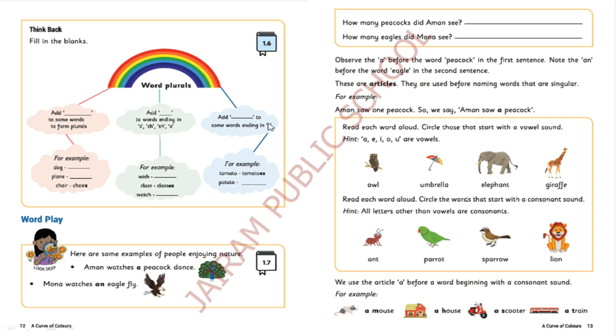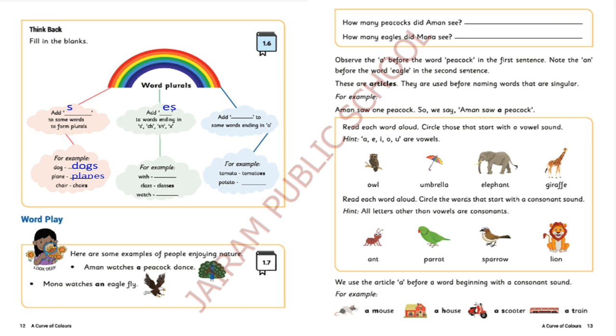Next one, think back activity. This is a summary of singular and plural rules. Here they have given only three rules because for your exam you have only three rules as of now. Add s to some words to form plural. Generally we add s. Dog plus s, dogs. Plane plus s, planes. Chair plus s, chairs. Next rule is, add es to words ending in s, ch, sh, x.